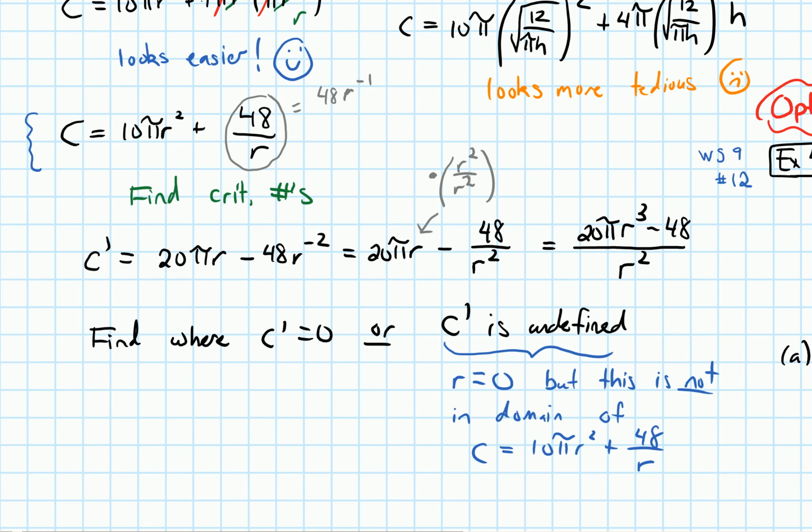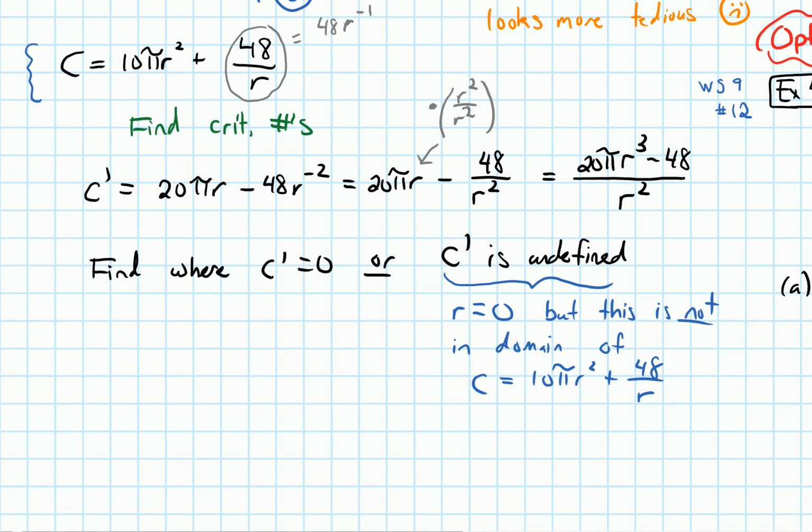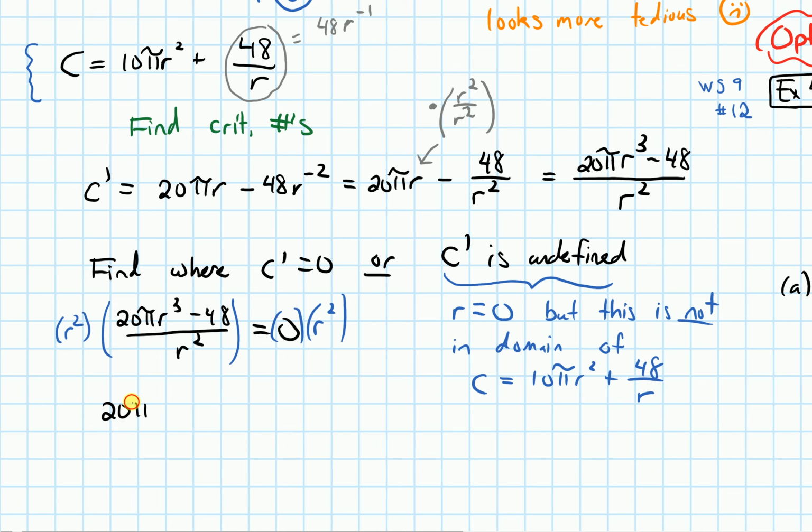All right, so now let's find when the derivative is equal to 0. So we will set 20 pi r cubed minus 48 over r squared equal to 0. And then I want to solve this. So I can multiply both sides by the denominator, r squared, to get rid of the fraction. So if I multiply both sides by r squared, we end up getting 20 pi r cubed minus 48 equals 0. And now if I move stuff around, I can isolate for r cubed.